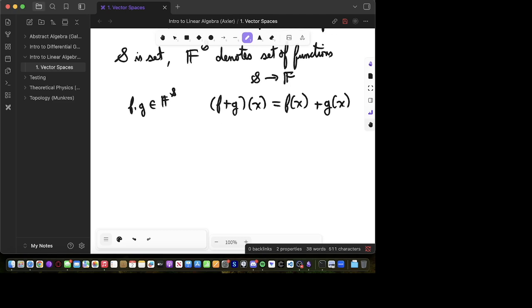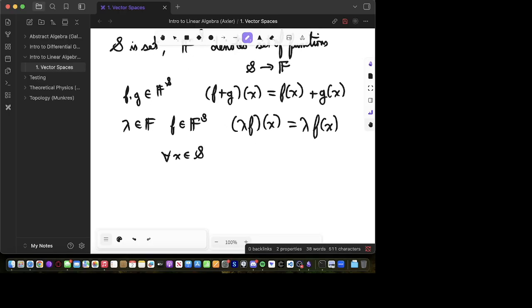And if we have lambda in F and f in F^S, then we define lambda f by simply multiplying the result of f by lambda for all x in S.